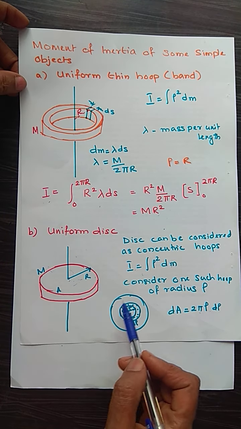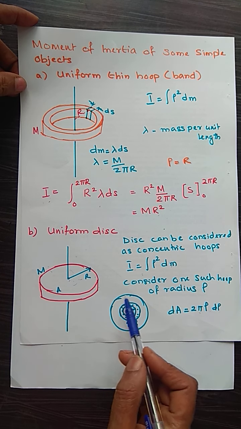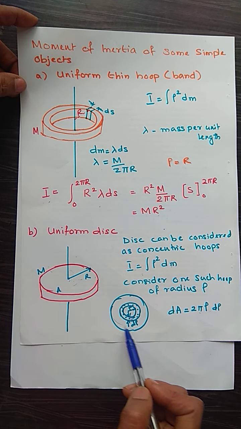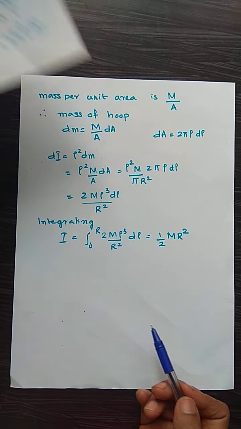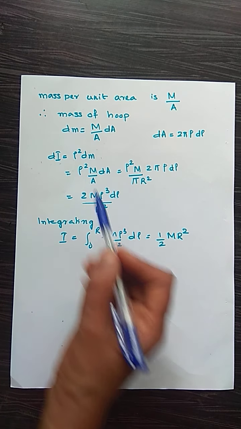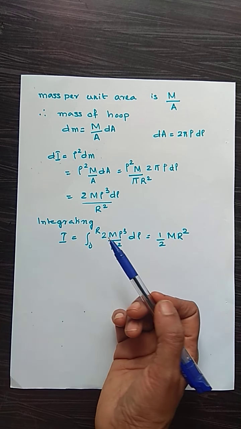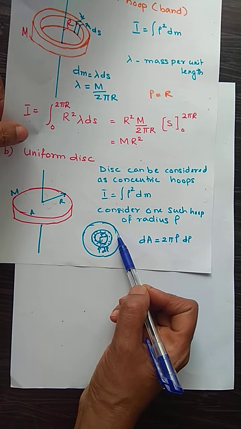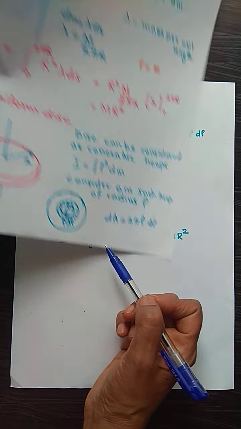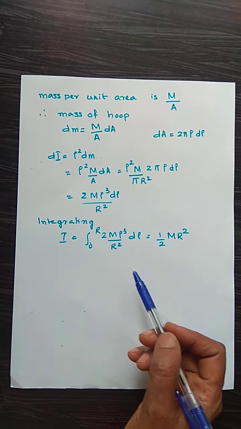Like this you have to find the moment of inertia of all the hoops constituting this disk. For that you have to integrate dI in the limit 0 to r. That means the radius changing from 0 to r, if you integrate for all the hoops, you will get the moment of inertia of the disk.